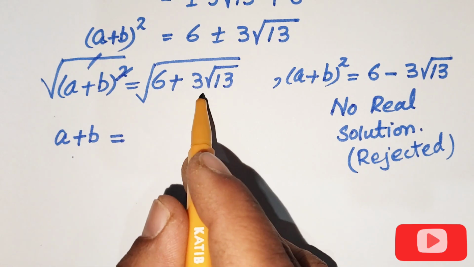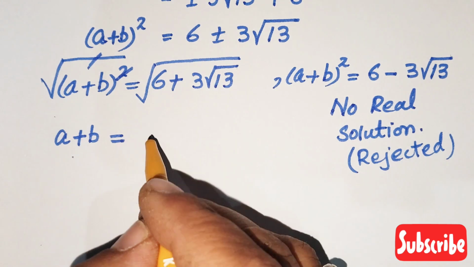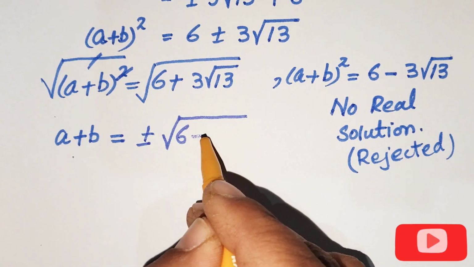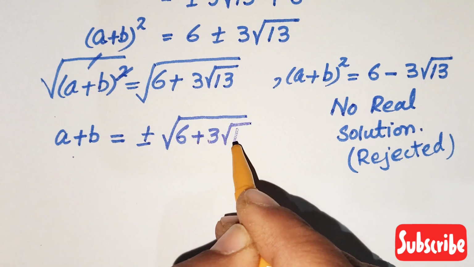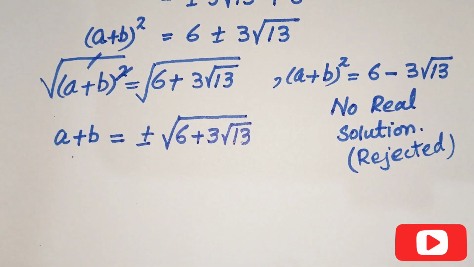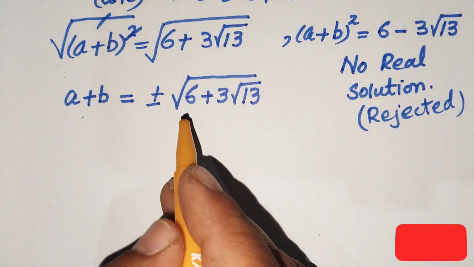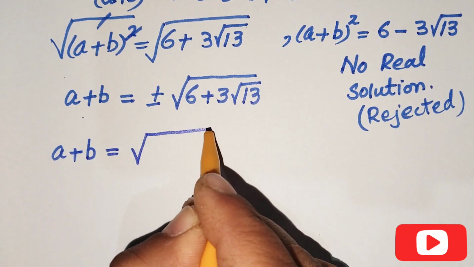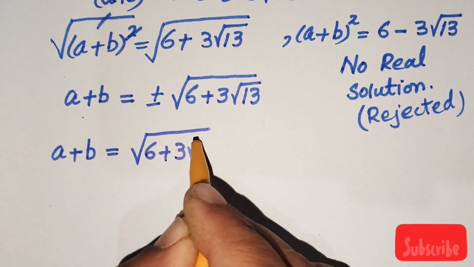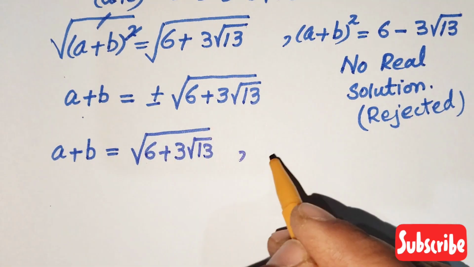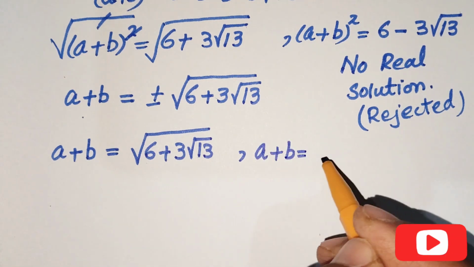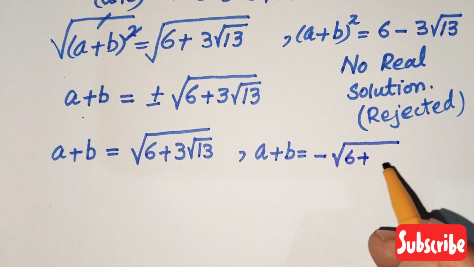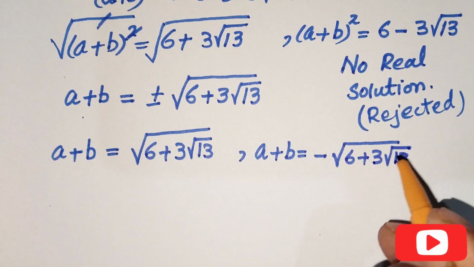So the square root of 6 plus 3 times square root of 13, here we just write plus minus square root of 6 plus 3 times square root of 13. So here we get two conditions: a plus b is plus square root of 6 plus 3 times square root of 13, and the other value of a plus b is minus square root of 6 plus 3 square root of 13.